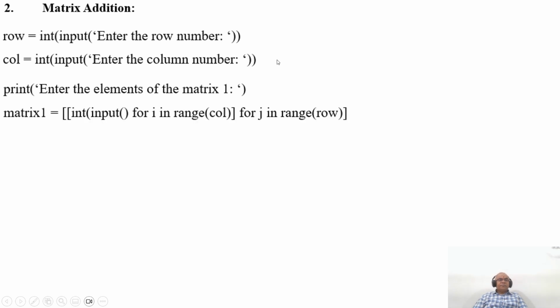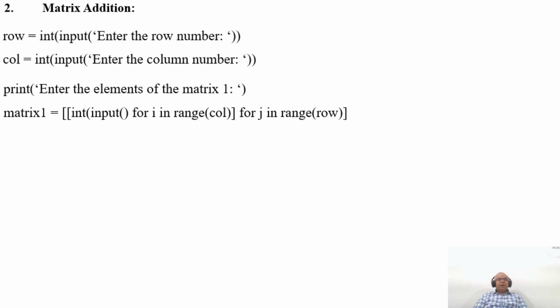Once you do that, now I want to enter the elements of the matrix for the first matrix. For that I have to use the list comprehension method.